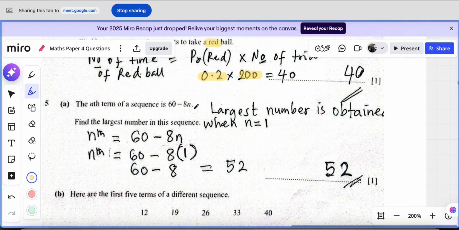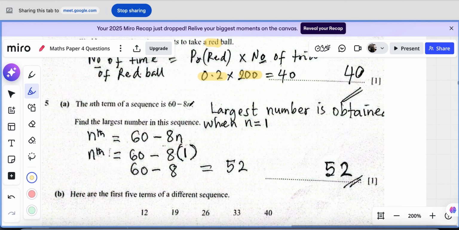It says find the largest number in this sequence. The largest number is obtained when n equals 1, right? Why? Because you are going to subtract from 60.